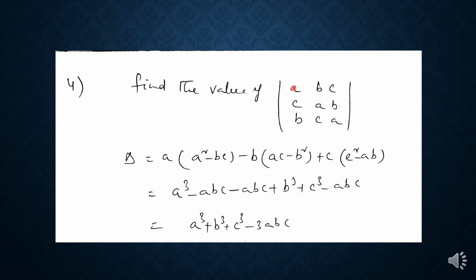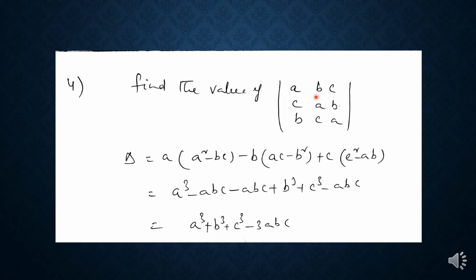Delete this row and column, and we get A, B, C, A. So A into the determinant of A, B, C, A, which is A into A square minus BC.